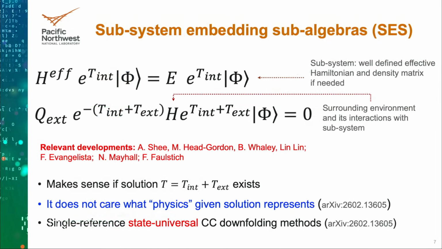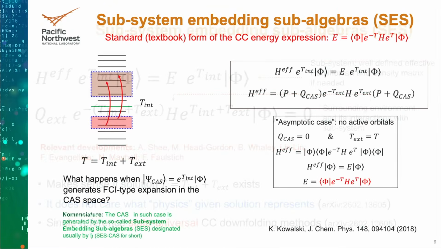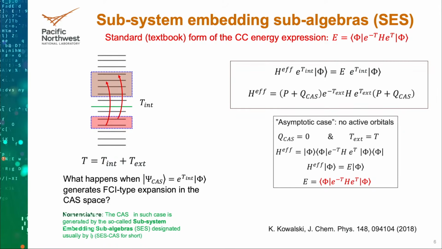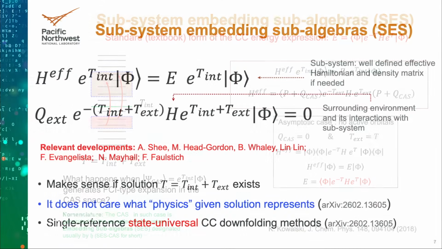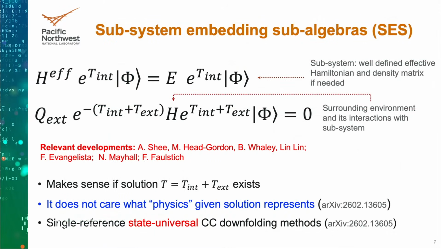And then you recover, again, the textbook formulation. In this slide, I showed only part of the coupled cluster equations, the part which is used to reproduce the energy. But of course, the full coupled cluster equations are shown here. The effective Hamiltonian part is only a part of those coupled cluster equations, which defines the subsystem described by some active space.